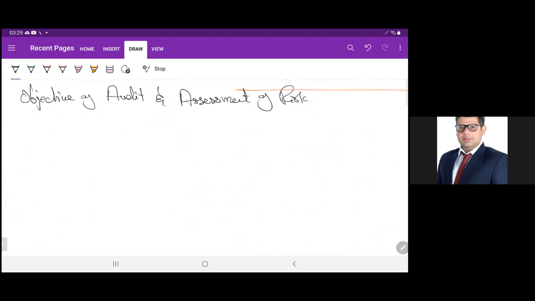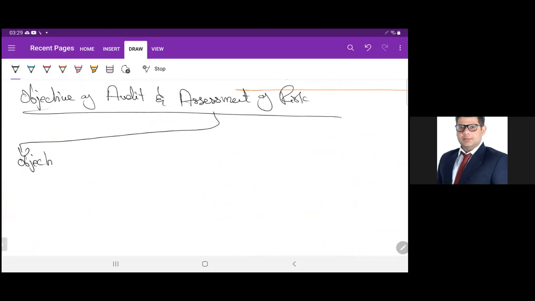So, what is the objective of the audit? I hope you guys remember the objectives of audit, right? Well, the objectives for the independent auditor in the conduct of an audit are in accordance with the International Standards on Auditing.